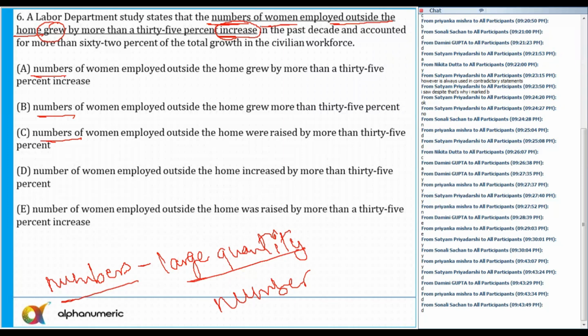So we have options D and E, and if we check D and E, then D is a better one. Because E is saying the number of women employed outside the home was raised by more than a 35% increase. Again, it is redundant. If I'm already using raised, then why do I need to use the word increase? If I'm already using increase, why do I need to use the word raised? So that is why the answer for this question should be D.